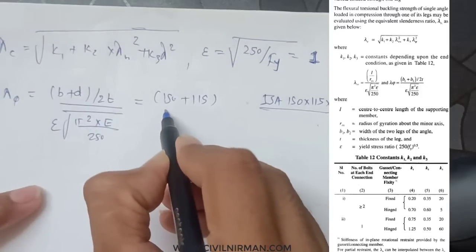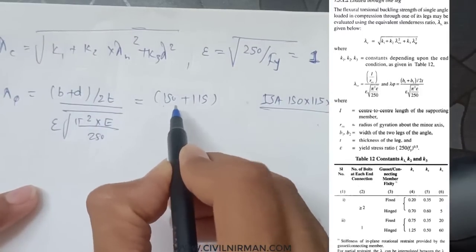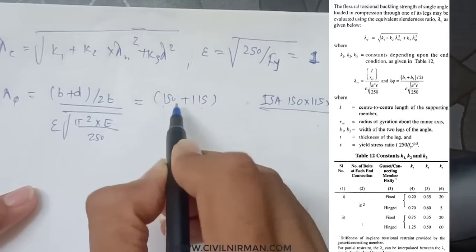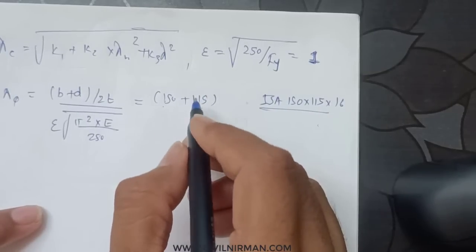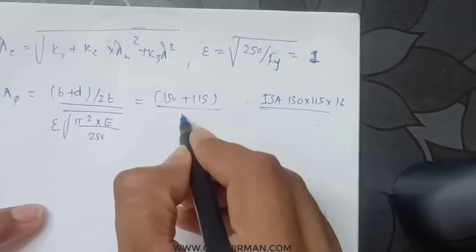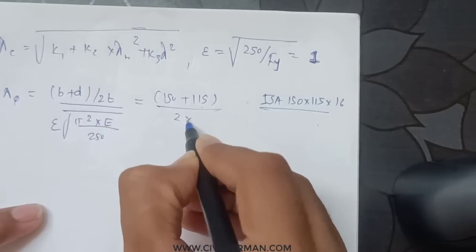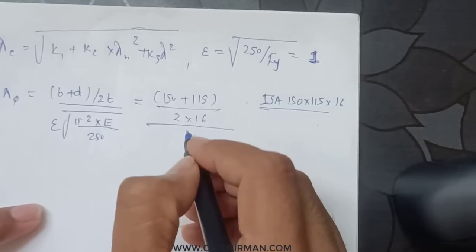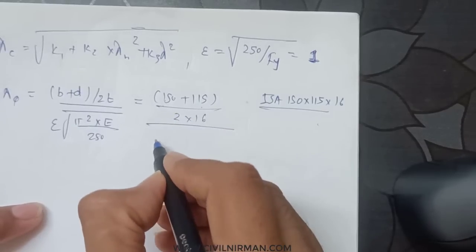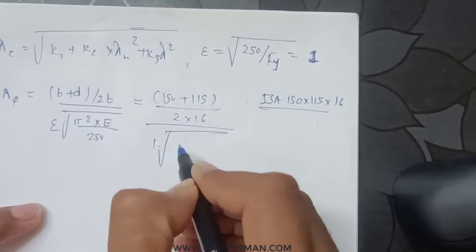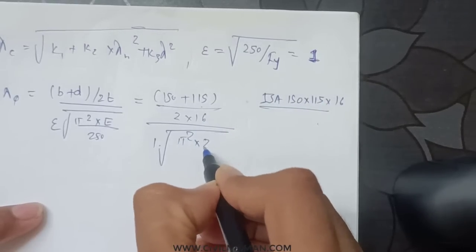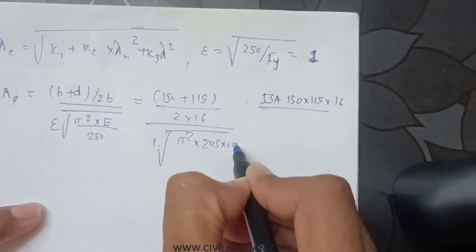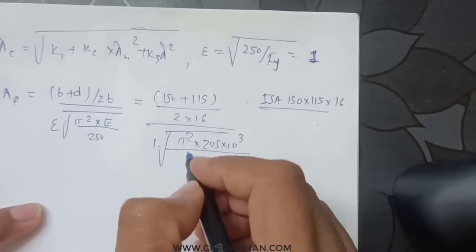So 150 plus 115, divided by 2t, where t is the thickness, so divided by 2 into 16. Now again we need to work out epsilon as 1, as we have already worked out. π² into E value, we are already aware of this, divided by 250.